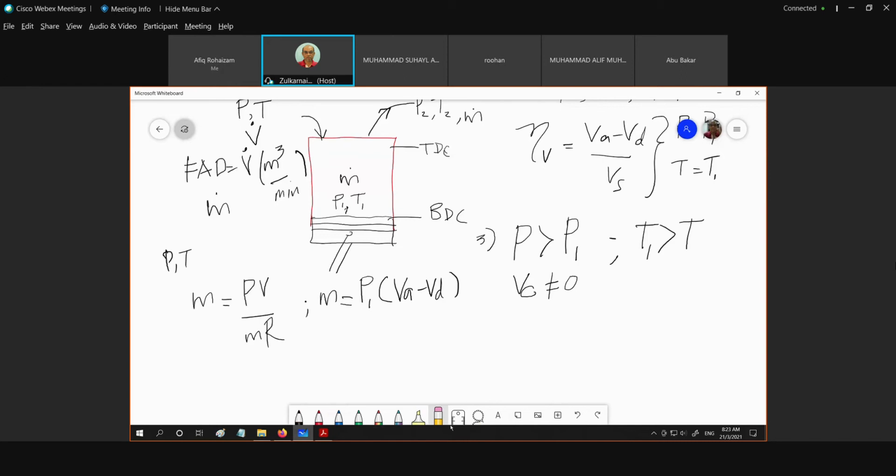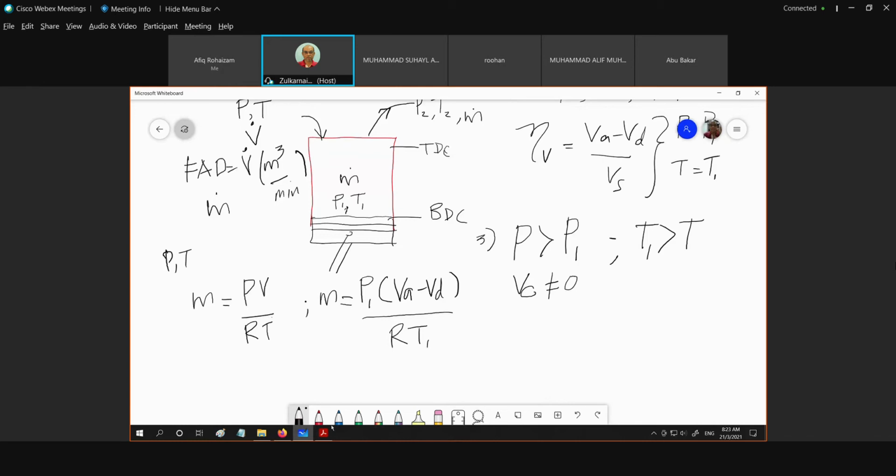What am I doing? Sorry guys. This is not MR. This is RT. Okay, RT. For condition 1, here it is VA minus VD divided by RT1. Okay. So this is the M dot.